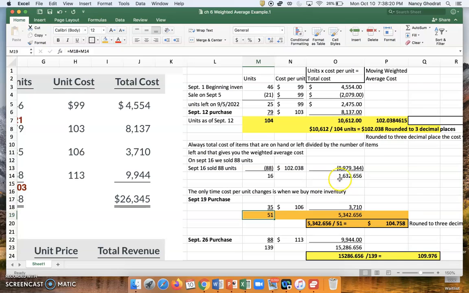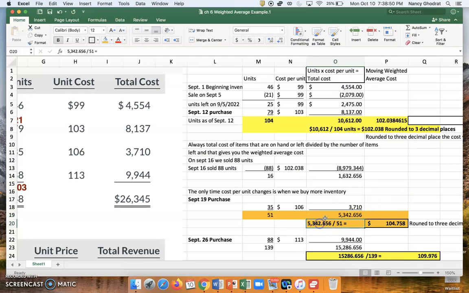The cost of the 35 units that we purchased was given to us, $106. So the total cost of our purchase was $3,710. This cost, $3,710, plus the cost of the 16 units left on September 16, is a total of $5,342 and almost 66 cents.